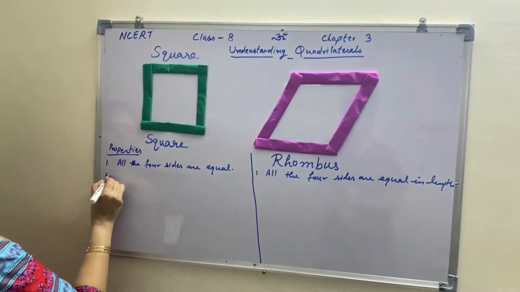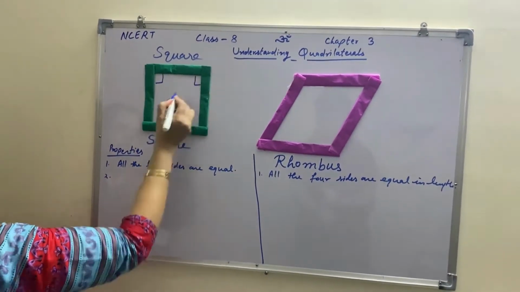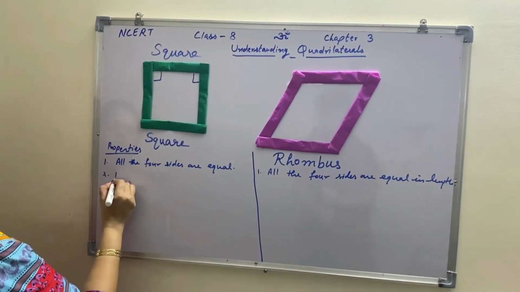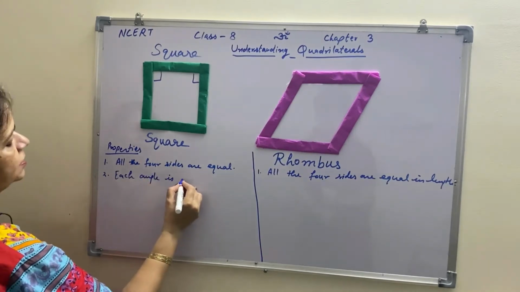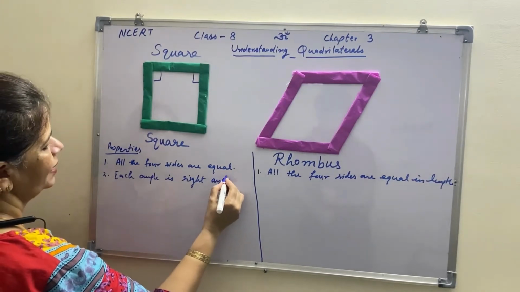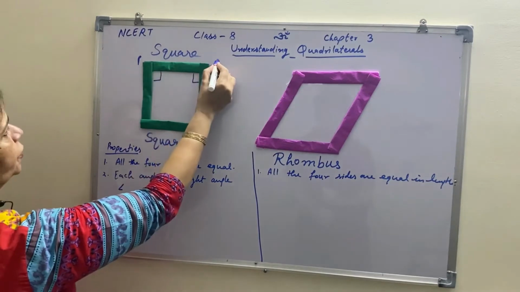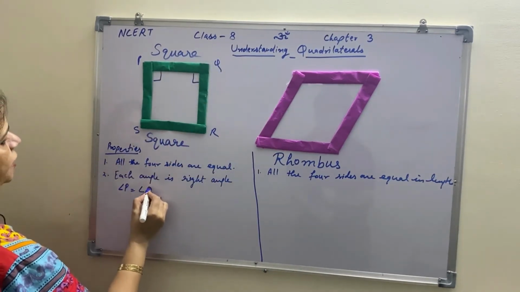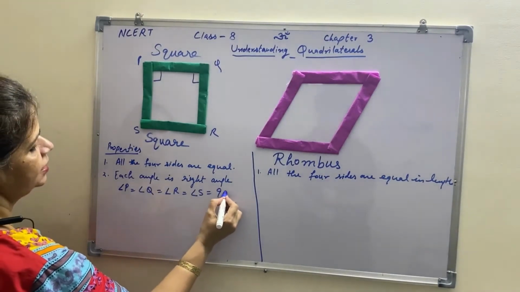Second property, here each angle is a right angle, that means 90 degrees. If I name it P, Q, R, S, then angle P, angle Q, angle R, angle S, each is 90 degrees.